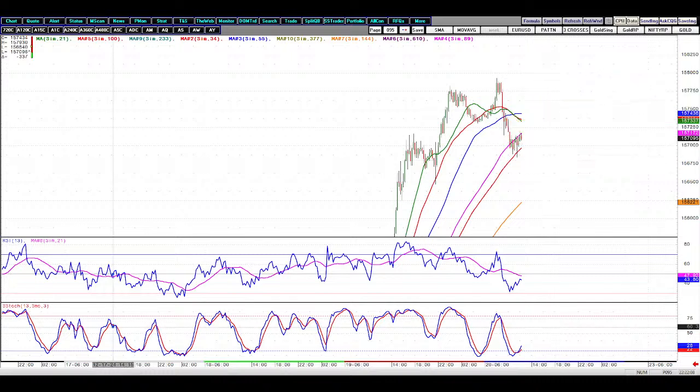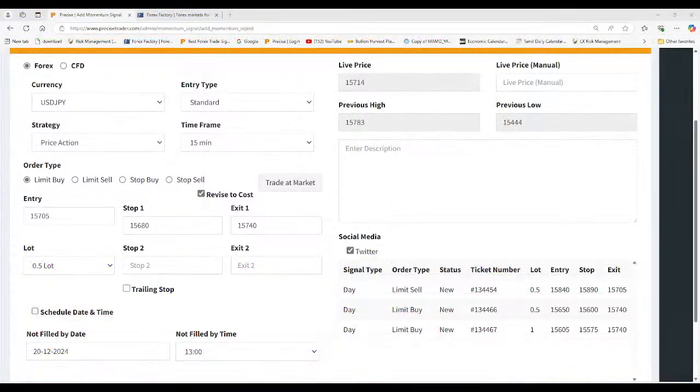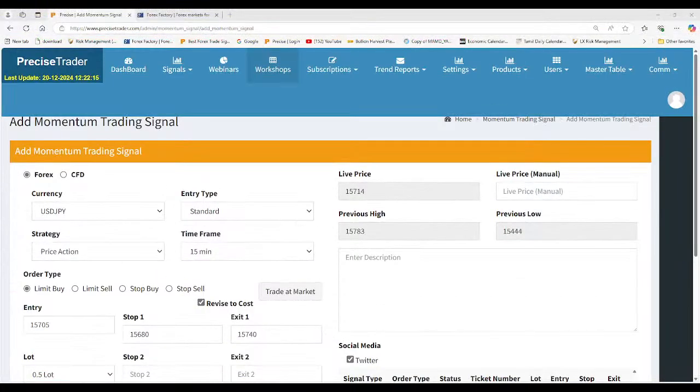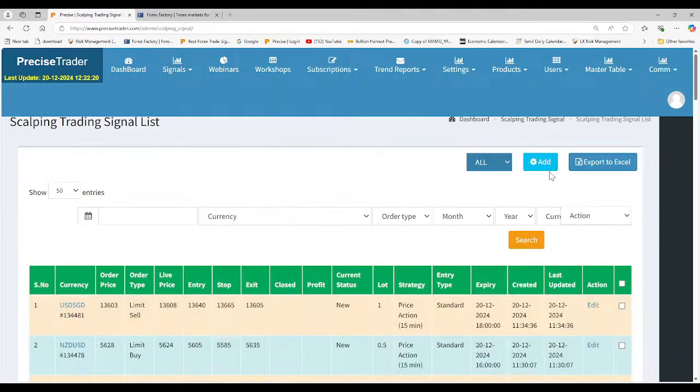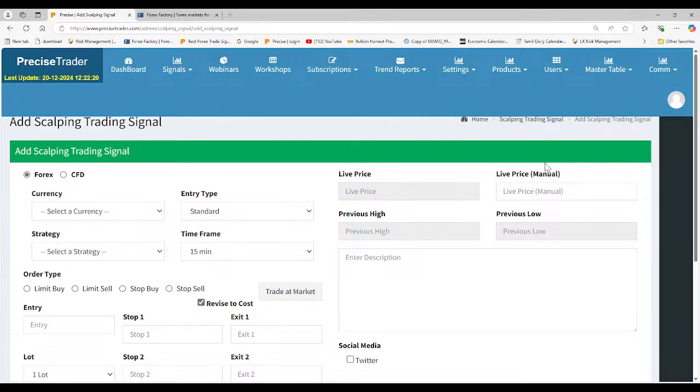That means the buying trade I want to skip, because I think we have a buy at 156.50, so let that trade work. Instead, we will try to go for a sell. This sell trade we'll do under scalping, because this is range trading. So we will try to sell at 157.